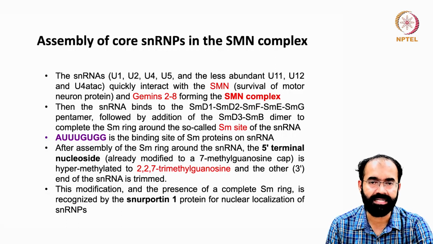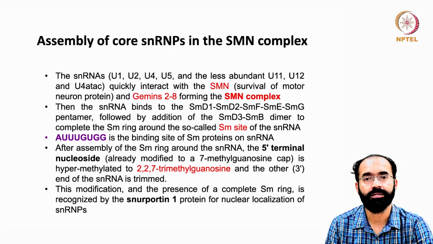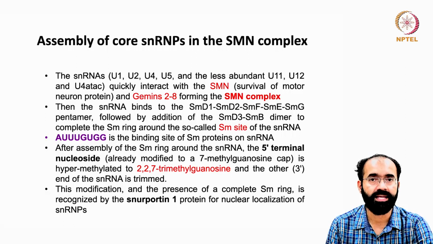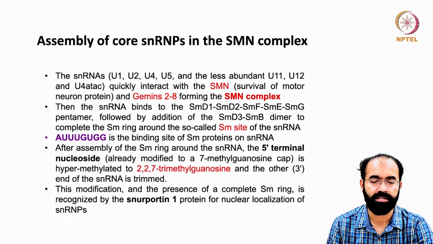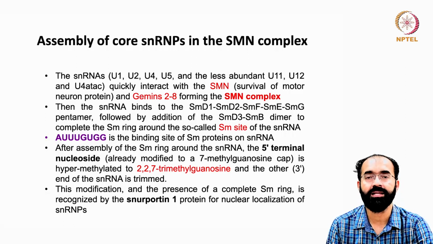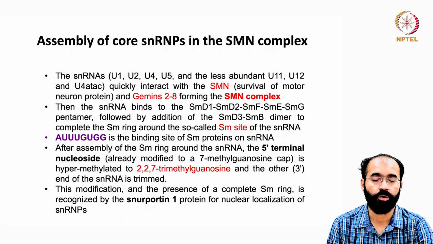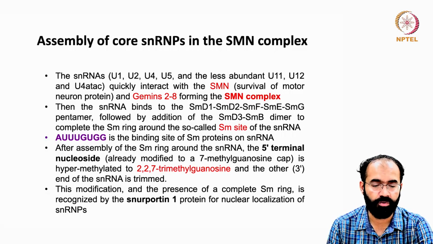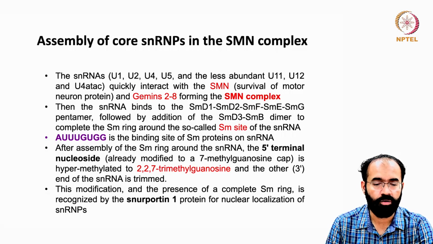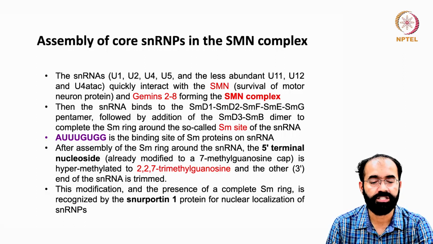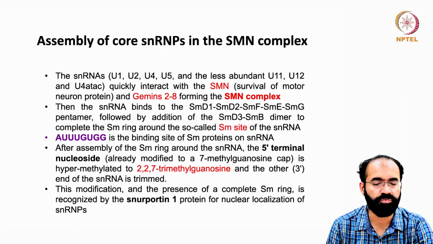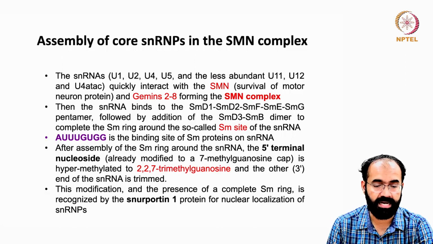They are identical except that U1 is no more there, instead U11 is there, and U2 is no more there, whereas U12 is there, and which is used by a small subset of pre-mRNA or immature RNA for their splicing. And instead of U4, it makes use of U4atac snRNA.